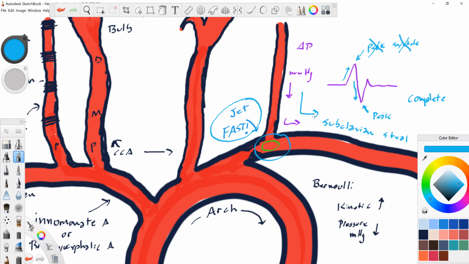Essentially, the contralateral vertebral artery is stealing, is going across and actually stealing from the base of your brain. So yeah, it's not good for you. And then a partial steal, this here shows a partial steal.